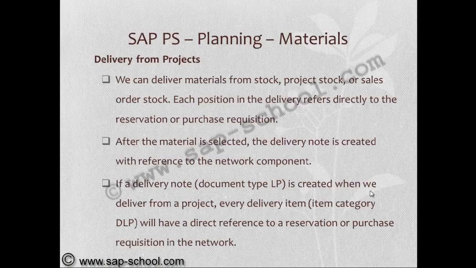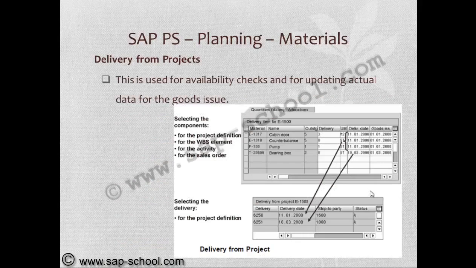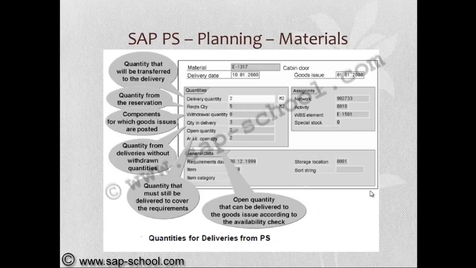The delivery note document type will be LP, and the delivery item category will be DLP. This is used for availability checks and for updating actual data for the goods issue. So this is about delivery from project.